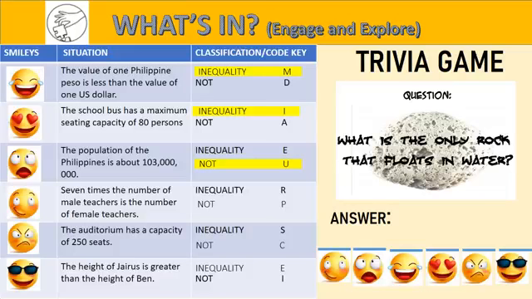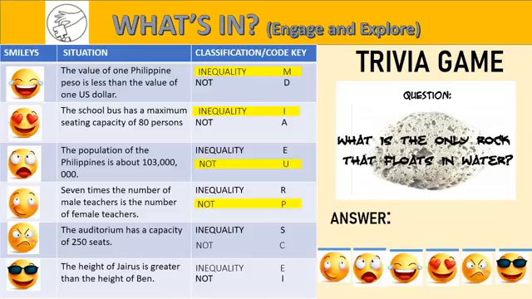Again, you have another code, letter U. For situation number 4, 7 times the number of male teachers is the number of female teachers. What do you think? Yes, you are correct. It is not an inequality. Again, another code, letter P.